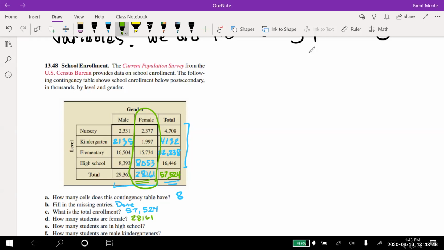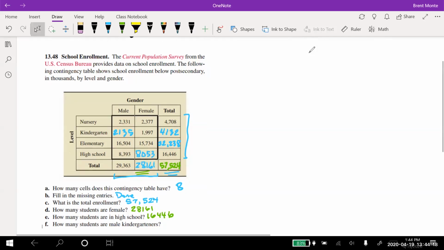How many students are in high school? I do a similar thing. This time I go to high school. Let me erase this one so it doesn't confuse you. I go to high school and I look at the total in high school. So I go here, and the total in high school was this number right here. So I say, oh, that was 16,446. And then the last question, so let's erase that.